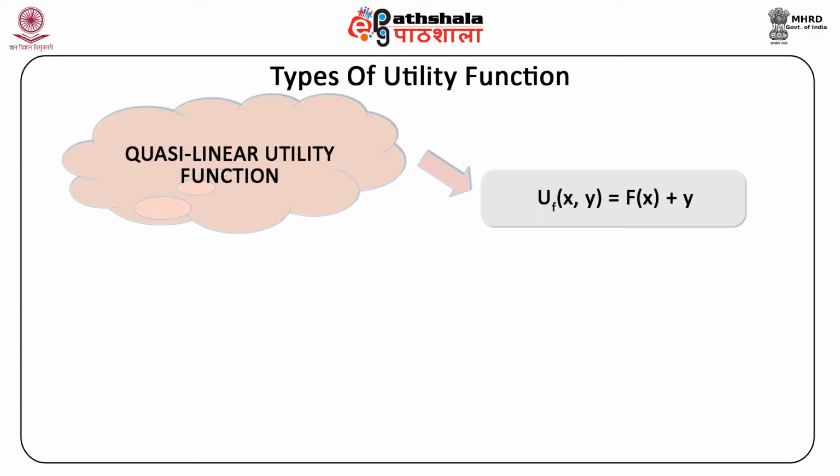The function UF(x, y) is linear in y. In these functions, the utility function is linear in one good, but possibly non-linear in another. Hence the name quasi-linear utility, which means partly linear utility.